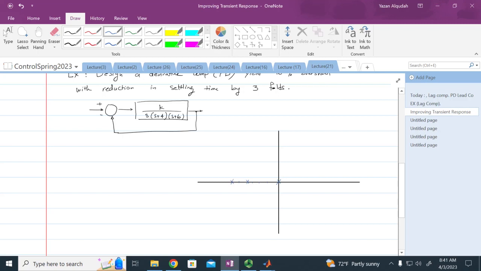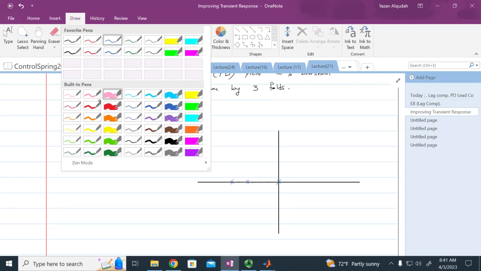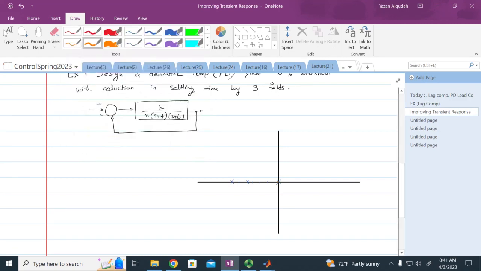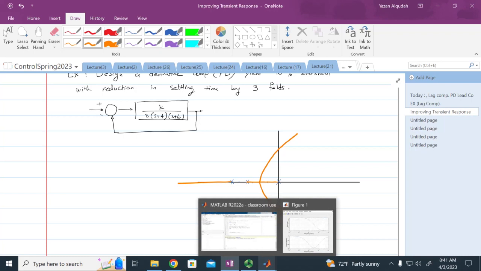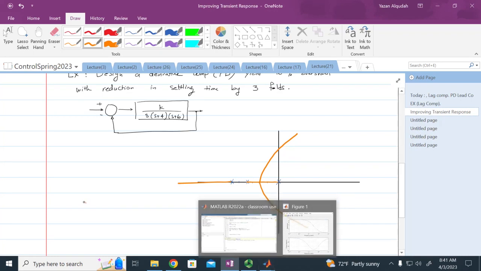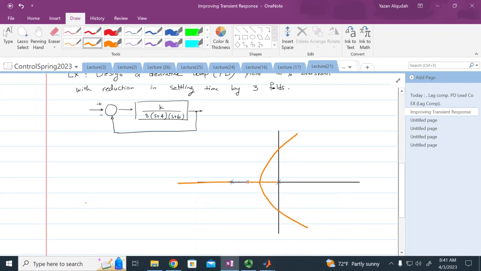Which part of the real axis is on the root locus? This part, this is gonna go this way, this is gonna go this way. Okay. What is the next step?